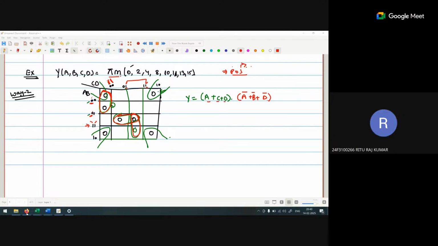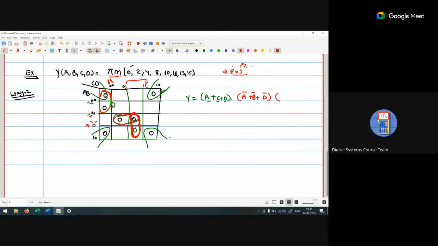Sir, which point you are pointing? This one. Sir, A bar plus D bar. Basically, it is a group of two, so three variables are possible. So it's C bar plus D bar plus A bar.